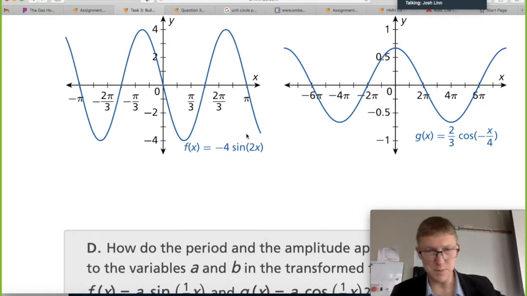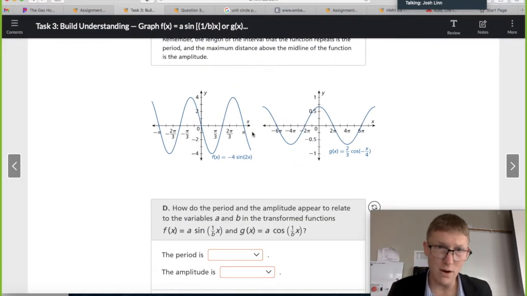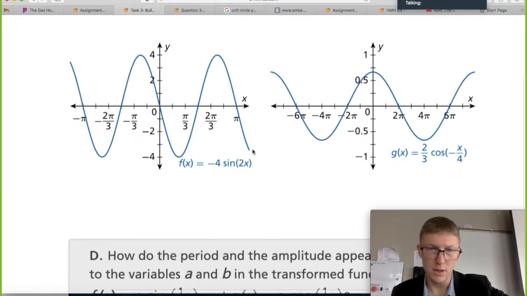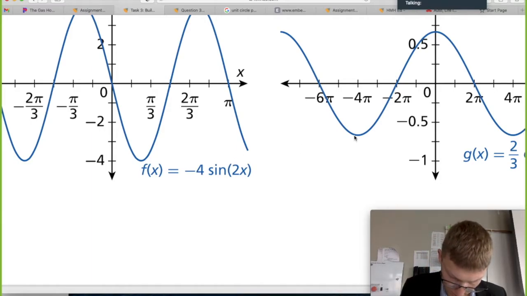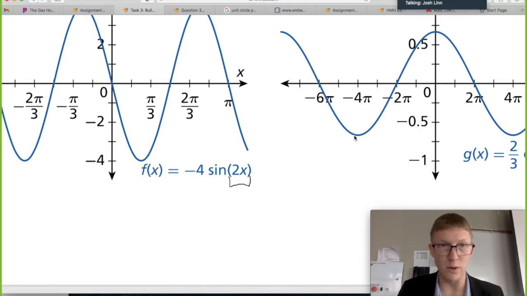So this 2x, that's probably the one where I'm a little bit weaker on. So let's figure out what's going on here. Our normal graph goes from 0 to 2 pi. This graph shrinks by half. That actually makes sense if you think about it, because whatever is inside the sine, that theta, is what changes our sine.